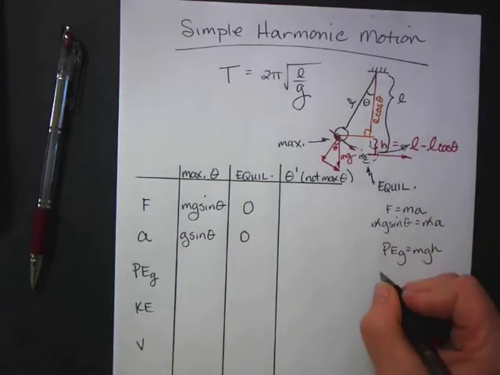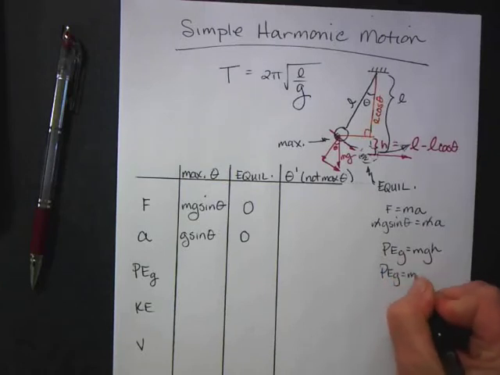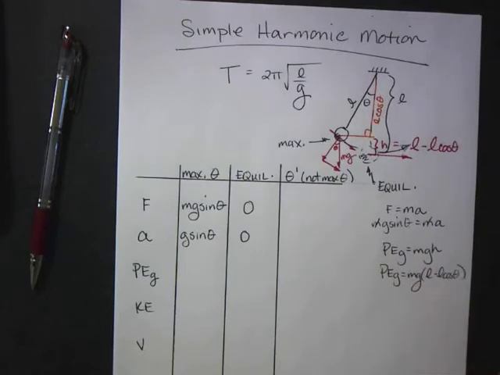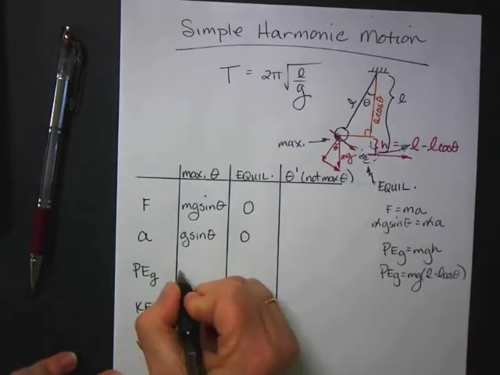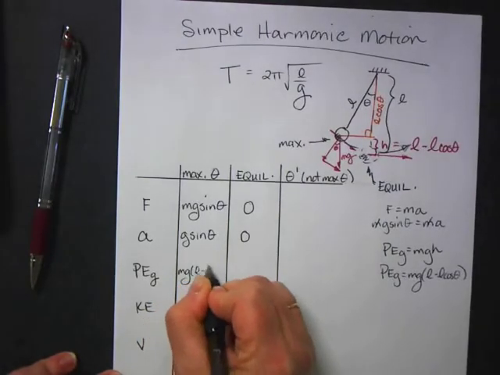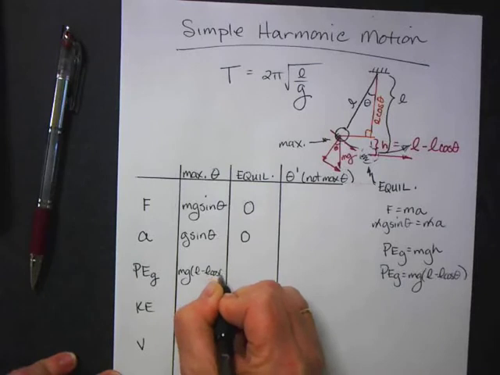So now we're going to replace H with this whole quantity. So the potential energy due to gravity is mass times gravity times L minus L cosine theta. So that's what I'm going to put here in our table.